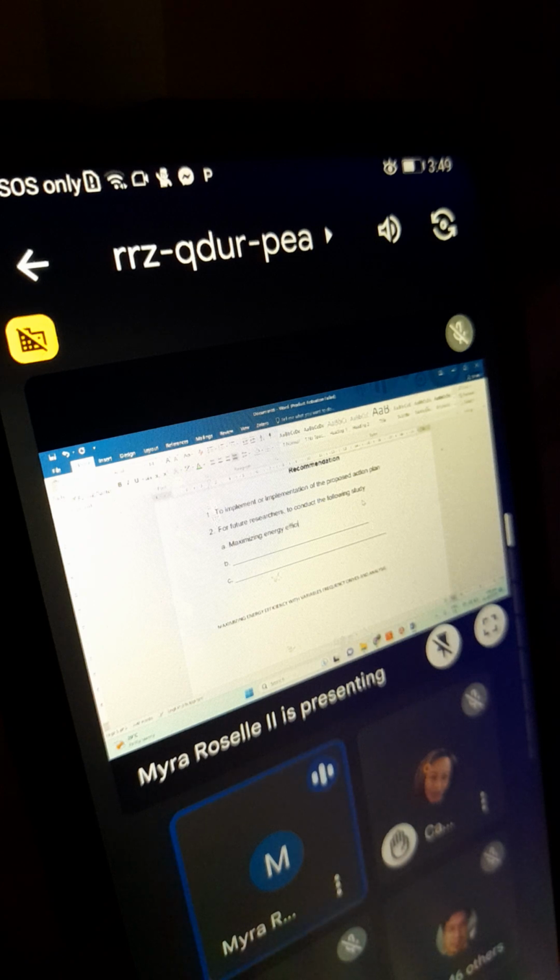Kamoy maghatag sa title with higher frequency variables. Okay? Kamoy maghatag og at least 3 nga titles. This one is, if this is your title, you also have to have this word here sa inyong recommendations.